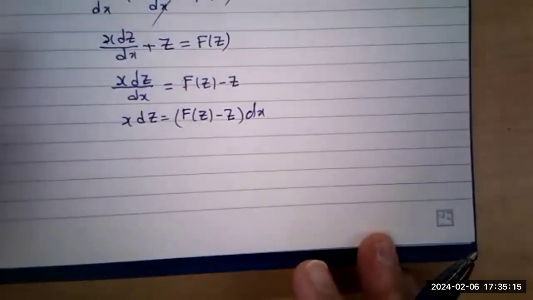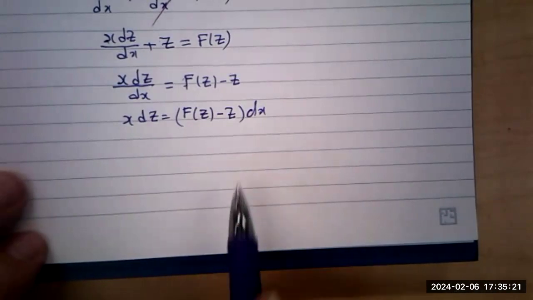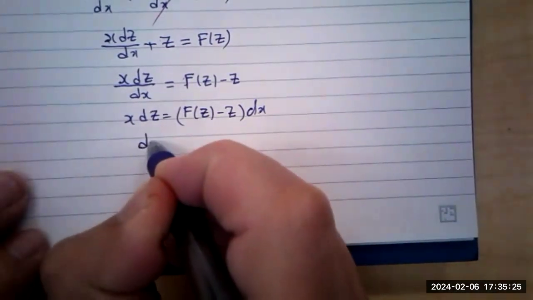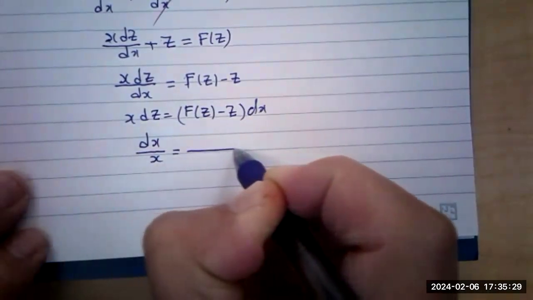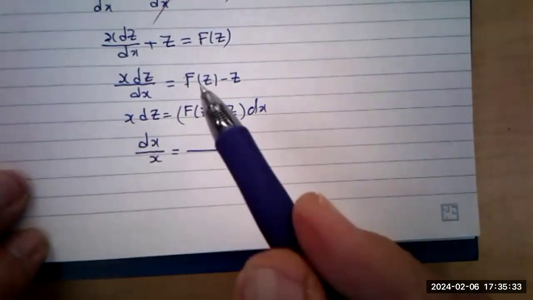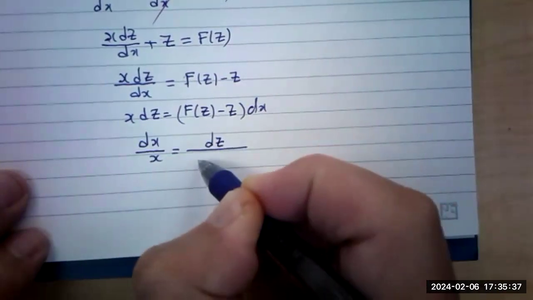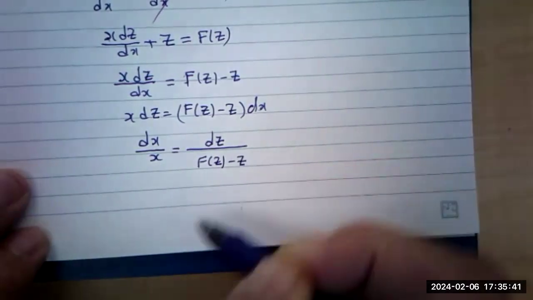So I would like to put the x and the z together. I have a dx and the x, so I start with dx over x equal to, remember that was x times dz, so I have to put the dz on the top, then f of z minus z down the bottom.